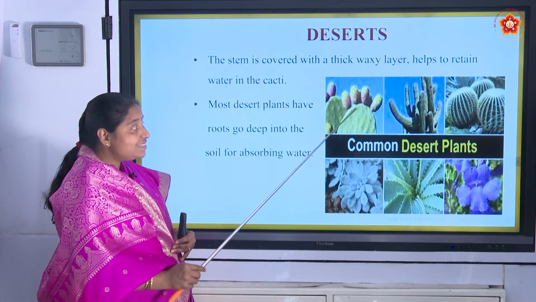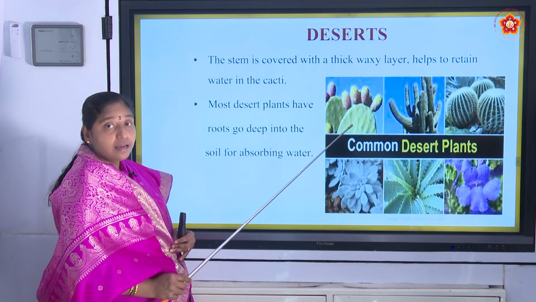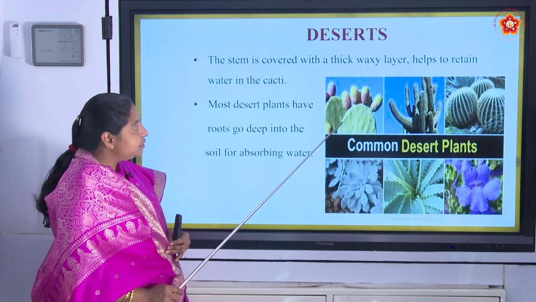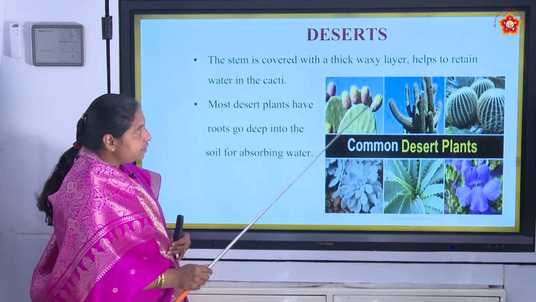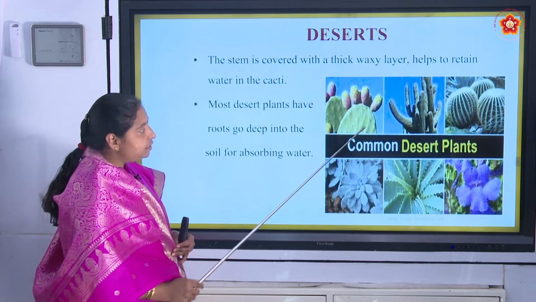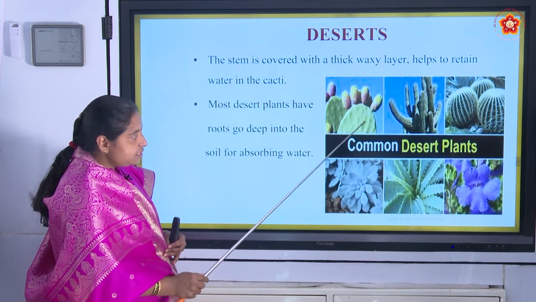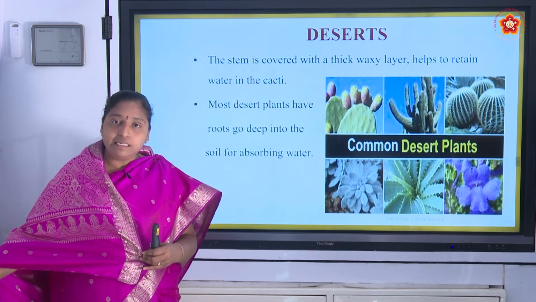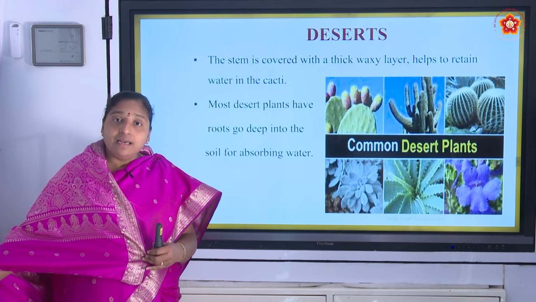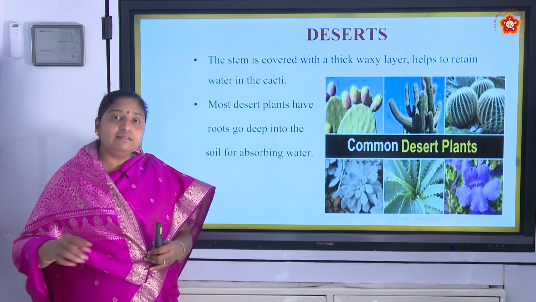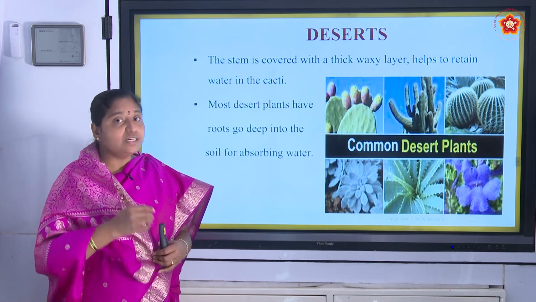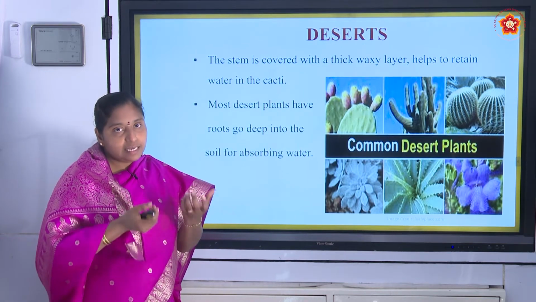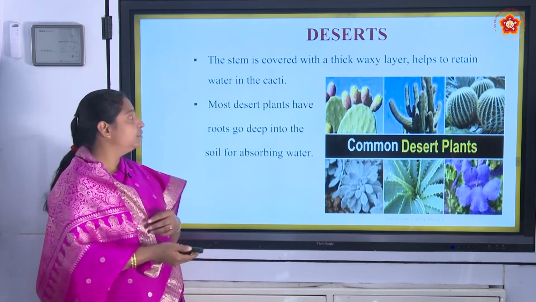They are stem, and the stem performs the photosynthesis process, and the stem is covered with a thick waxy layer. What is the function of this waxy layer? It helps in reducing the loss of water from the outer surface of the stem. That helps in retaining the water in the plant itself.